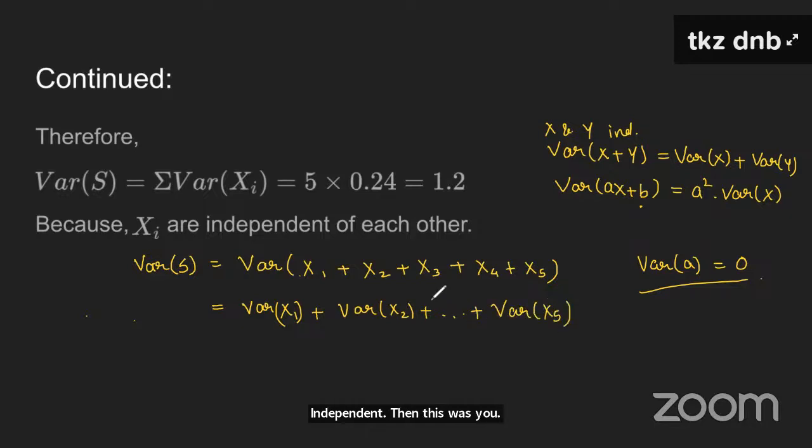This was already given in the question itself, that the x's are independent of each other. That's why we can take that. So all the variances are the same, so this is nothing but 5 multiplied by 0.24.